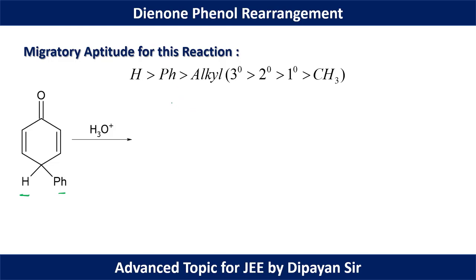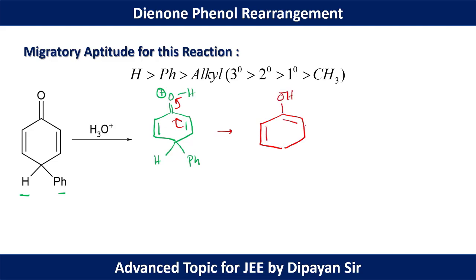So if we see the reaction mechanism again, for this molecule we have hydrogen and phenyl present and this will be our case. Initially one of the CC bonds will be dissociated to stabilize this oxygen and this kind of intermediate is formed. Now we have two choices.